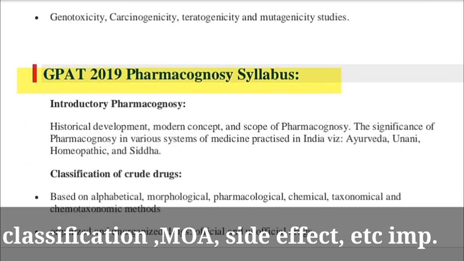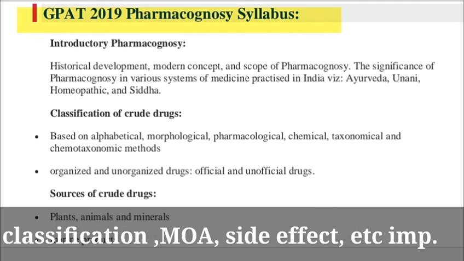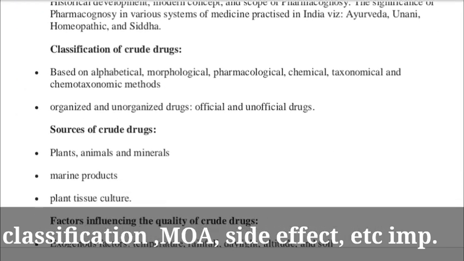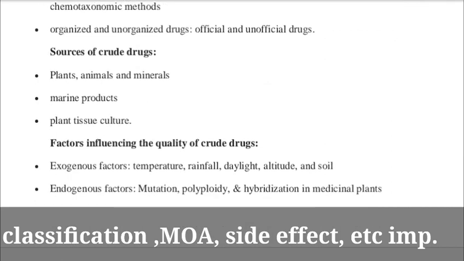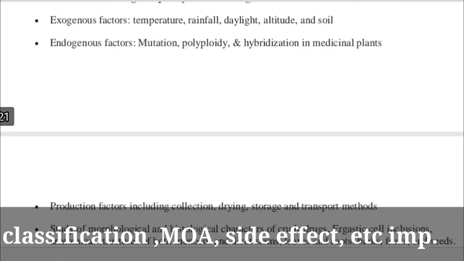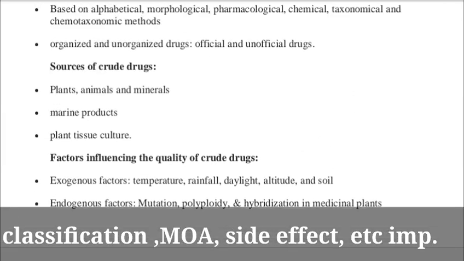And pharmacognosy, those who are preparing for GPAT, I suggest you, for pharmacognosy you have to buy Mission GPAT and Pearson, so that they will give all the drugs in a tabular column. You can study from that.